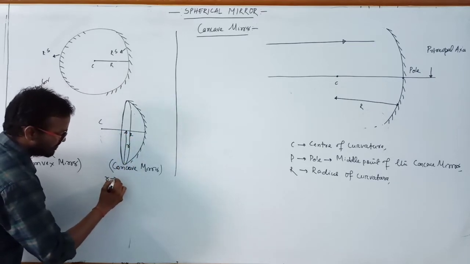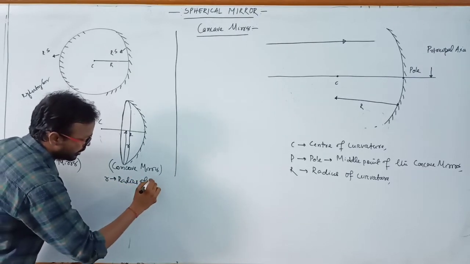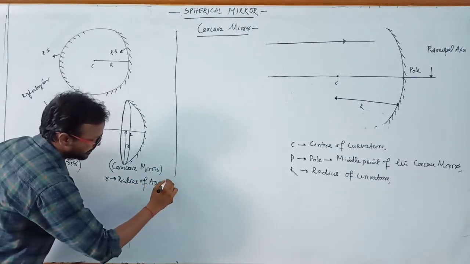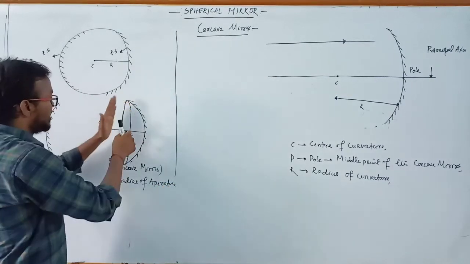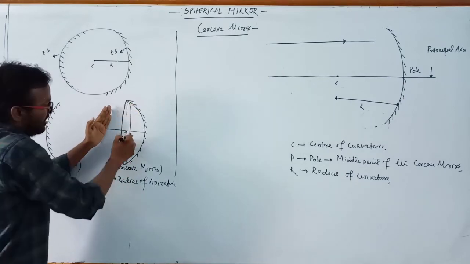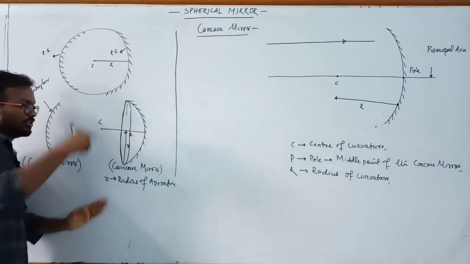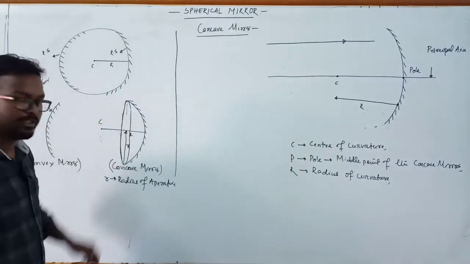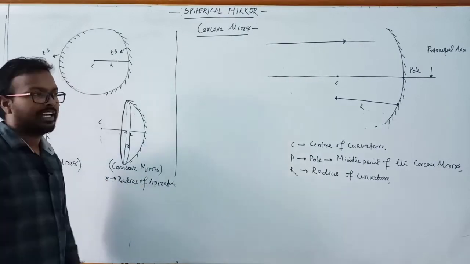It is the radius of the aperture. So what is aperture? Aperture means this total area, from this diameter, is known as the aperture of this spherical mirror. Clear? And here r is the radius of the aperture.